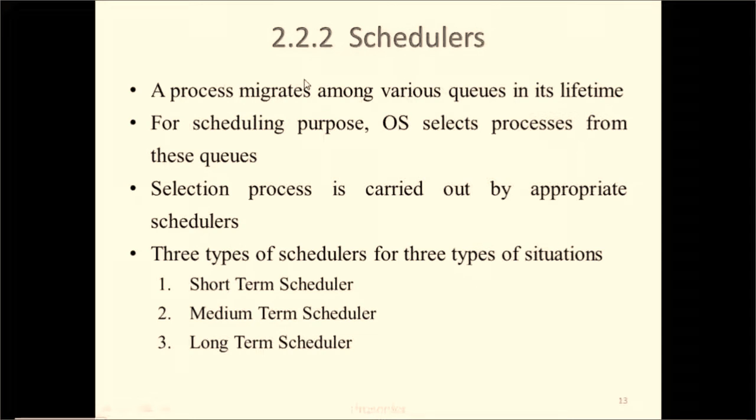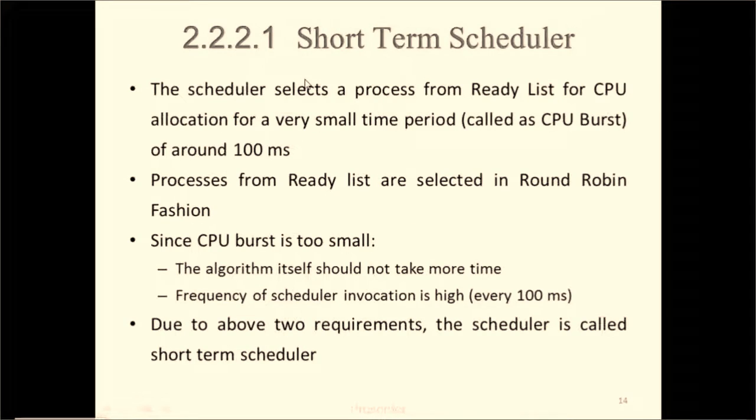And there are three types of schedulers for three types of situations. 1. Short term. 2. Medium term. 3. Long term. Let's go into details of these different schedulers. First, the short term scheduler. The scheduler selects a process from the ready list for CPU allocation for a very small time period.